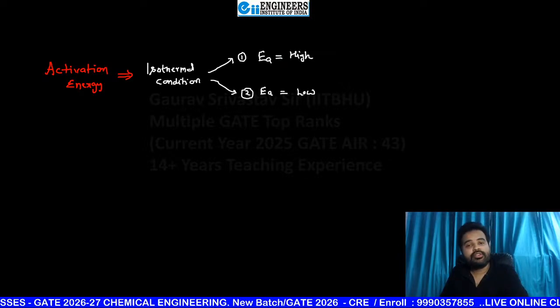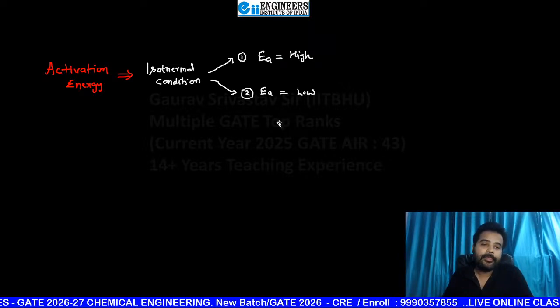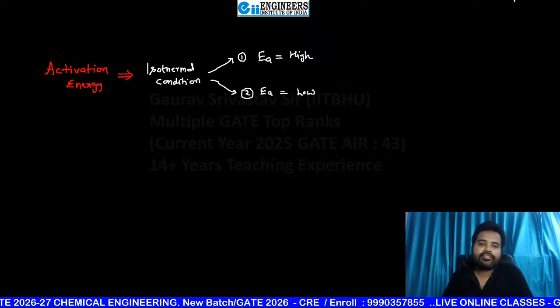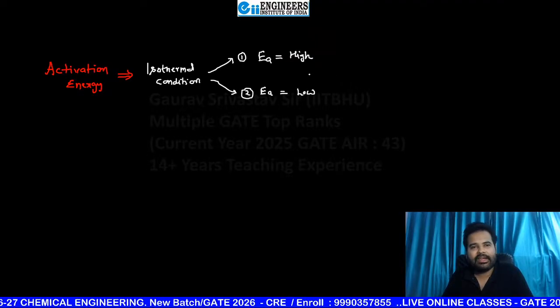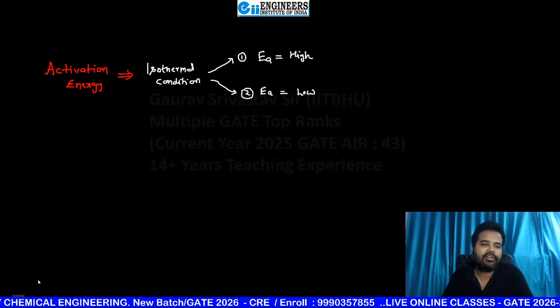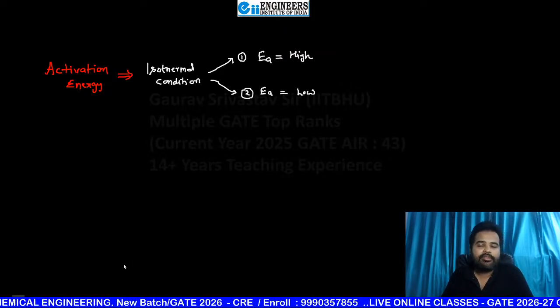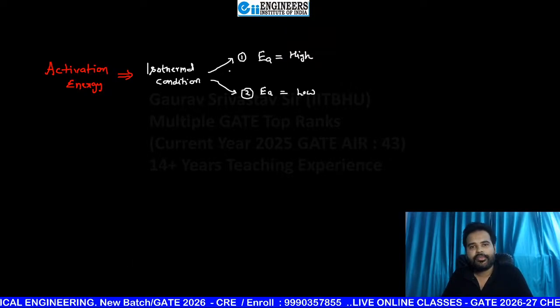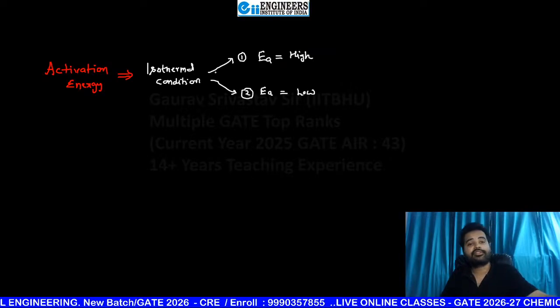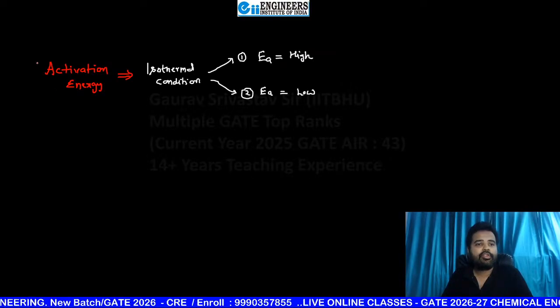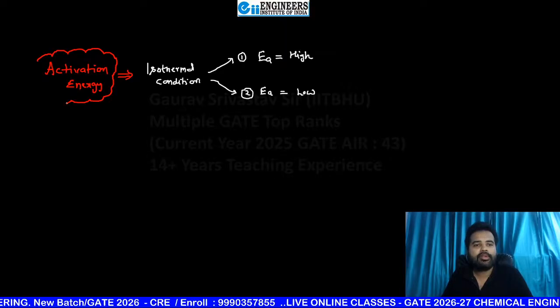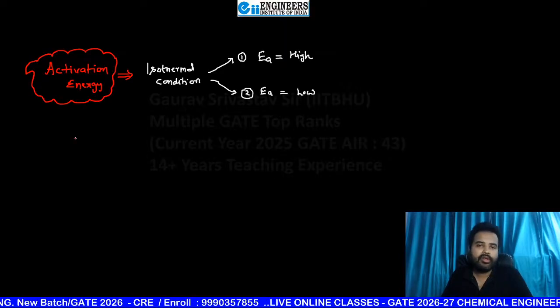Now my question is: Ea large, Ea small, can you tell me which reaction is faster? Which reaction will be faster of these two? Just tell me the fast reaction, the slow reaction. First one, second one? Which one is fast, which one is slow? Please, everyone, tell me.